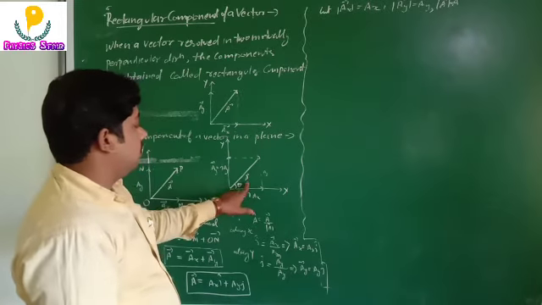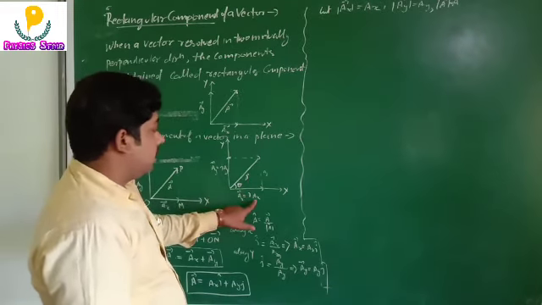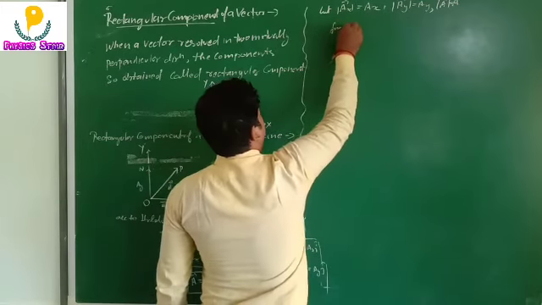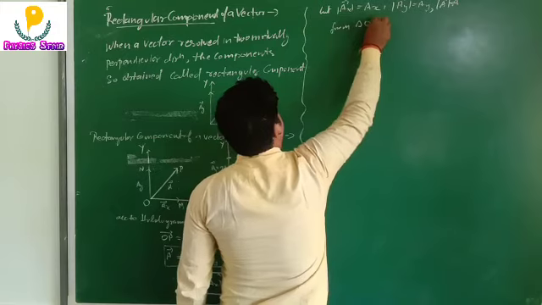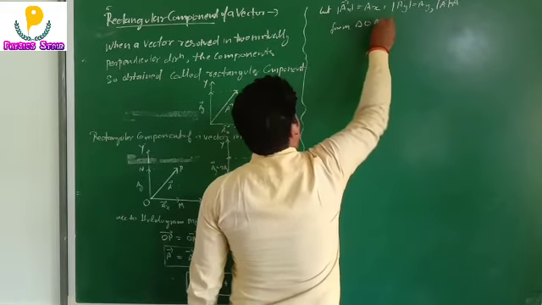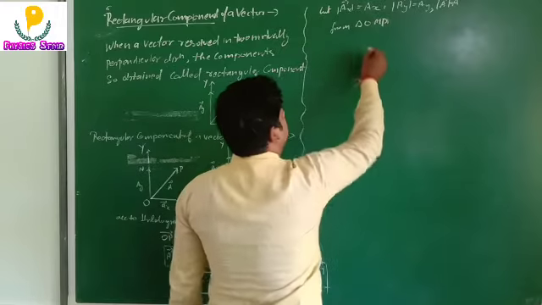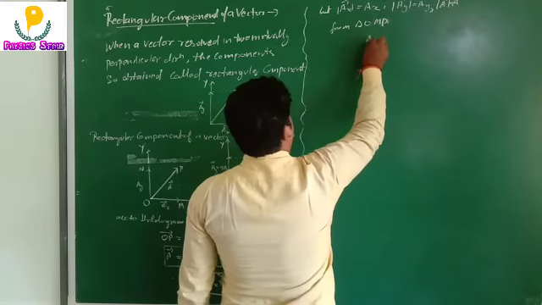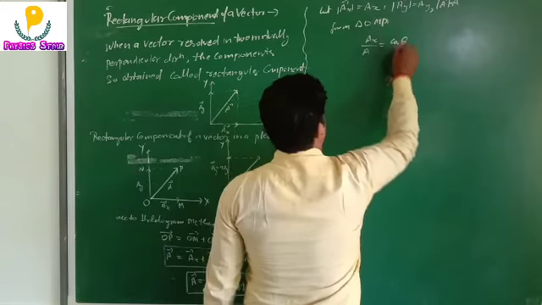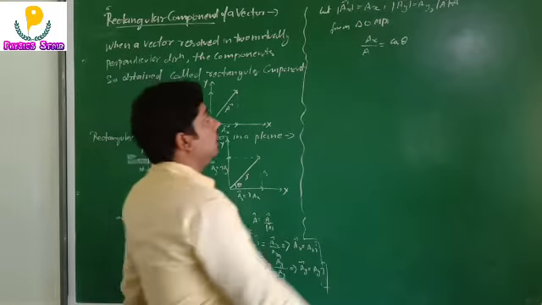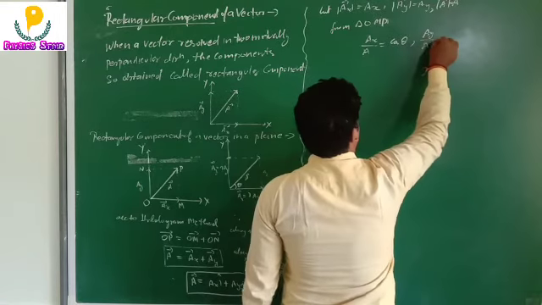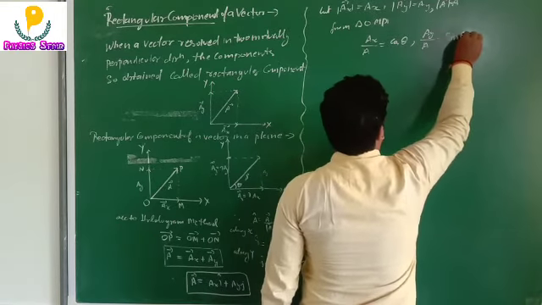For the values of ax and ay, from triangle OMP we can write ax upon a is equal to cos theta, and ay upon a is equal to sin theta.